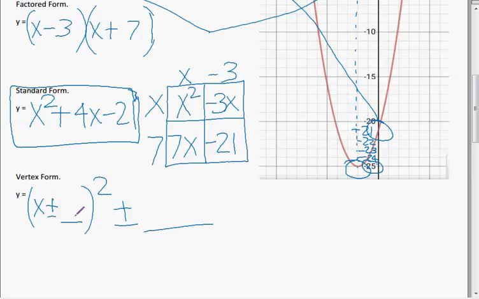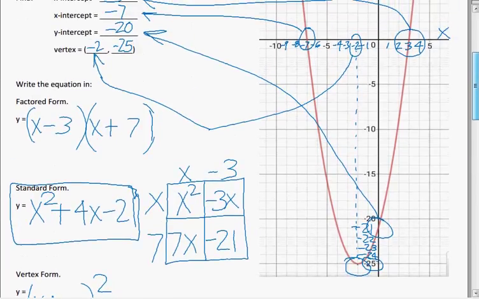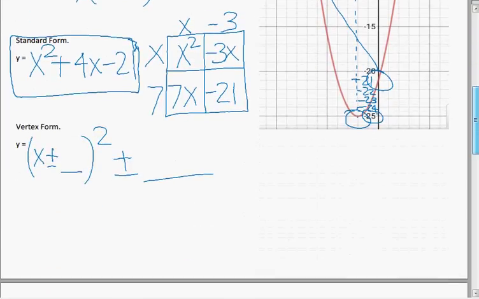So we need to figure out those numbers. What we found was this number was the y value of the vertex. So I look at the y value of my vertex. So let's come back up here. The y value of the vertex is negative 25.